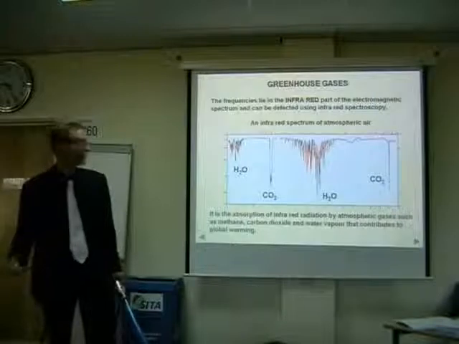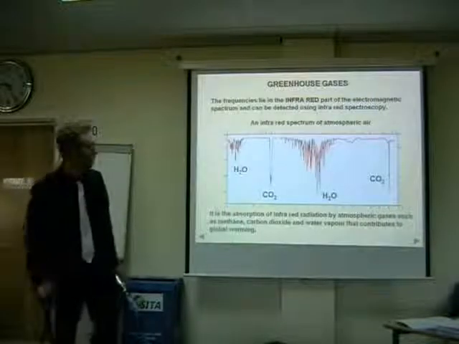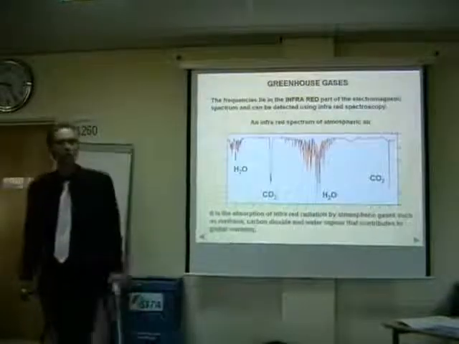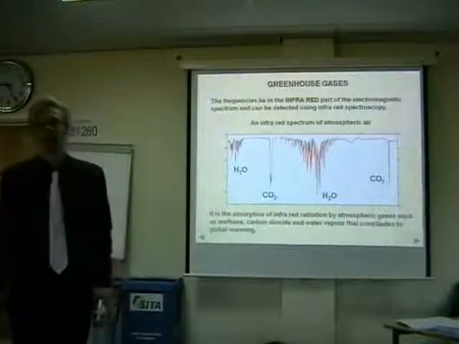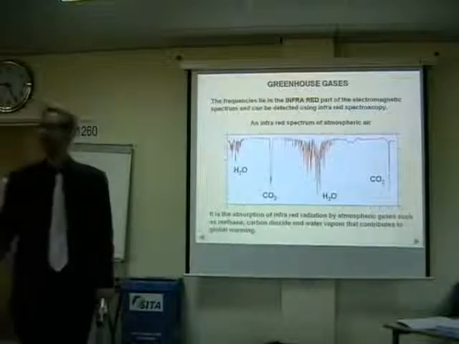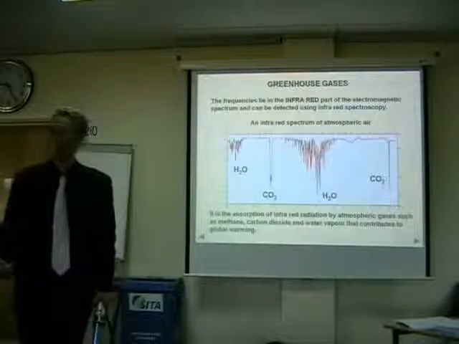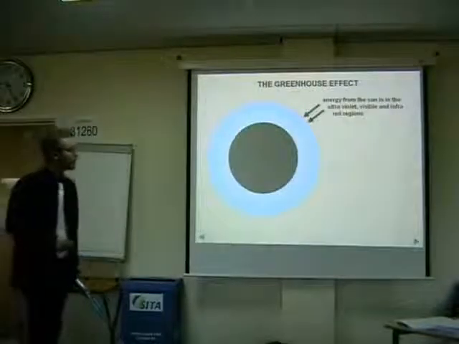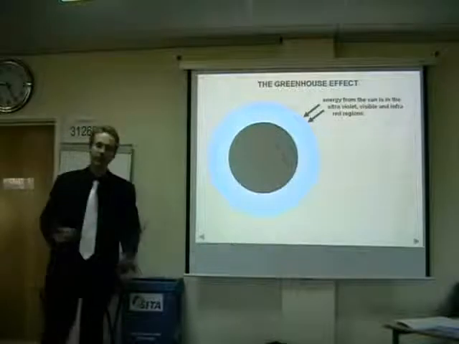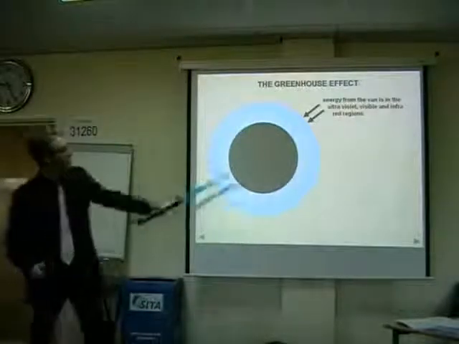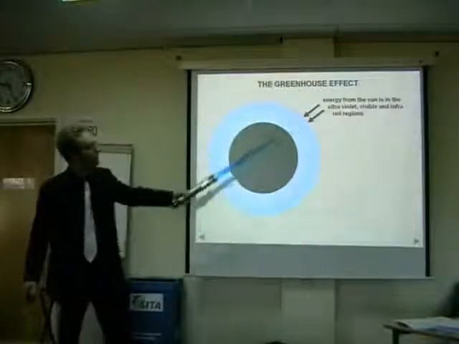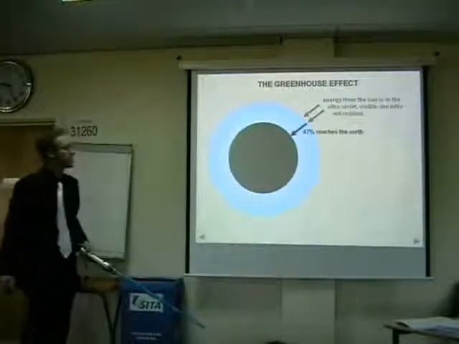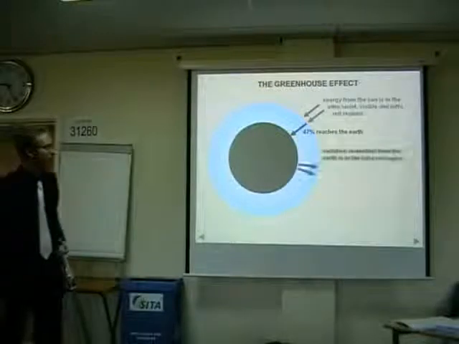And we will talk more about infrared spectroscopy. But the point I'm trying to make is that all of those absorptions, okay, are in the infrared region. All of these molecules absorb infrared light. So the greenhouse effect. Now this should all be very, very familiar to you. Energy in the visible light region and the ultraviolet region and so on comes down from space, and a lot of it hits the Earth.